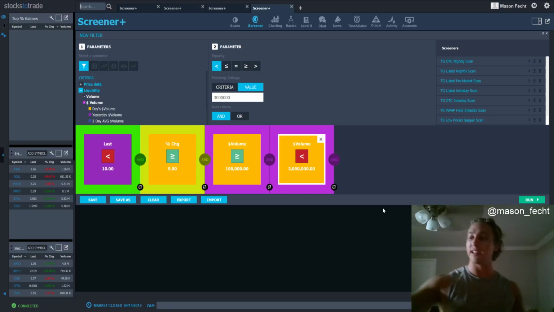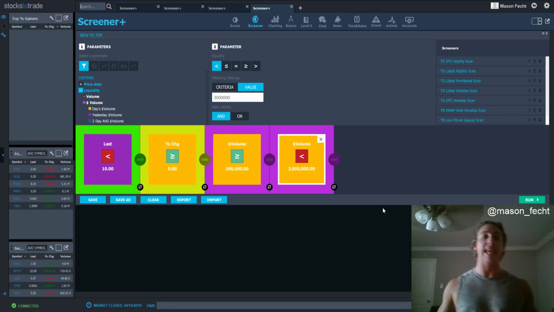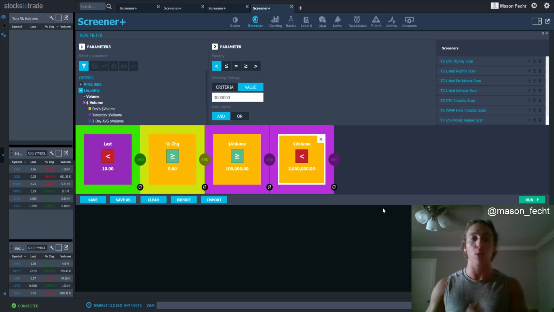And I don't want tickers appearing on multiple scans. I have this set to less than 3 million because by the time it's traded over $3 million volume, too many eyes are on it, and by then it has started to get momentum. People are now aware that this stock is running, and it'll appear on my listed intraday scan that I showed you previously in this video. So that's why I have that criteria set up that way.